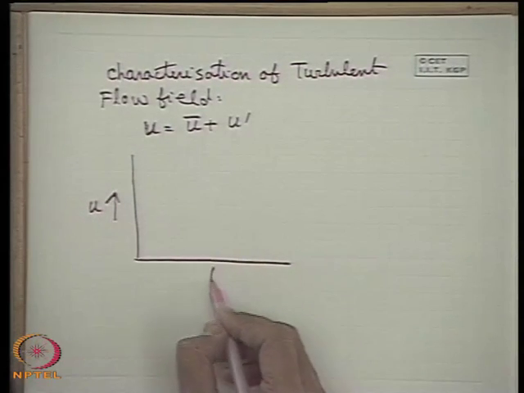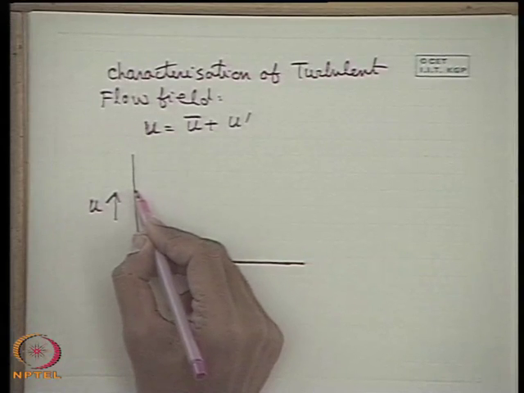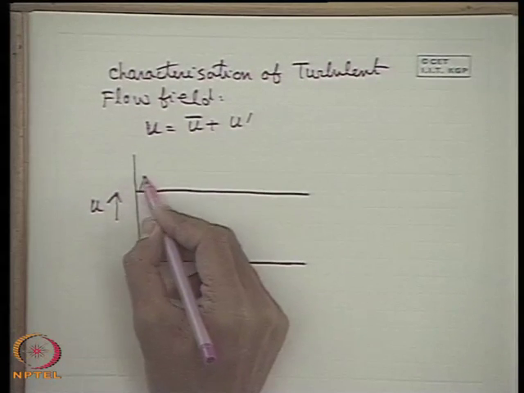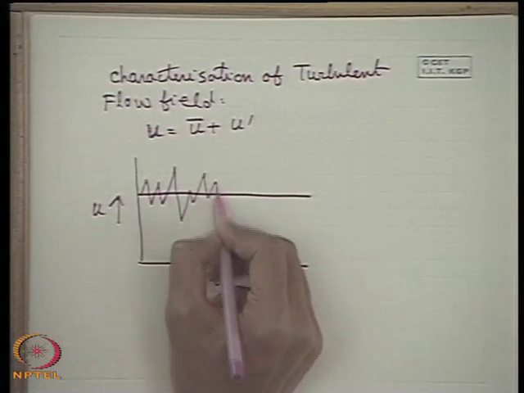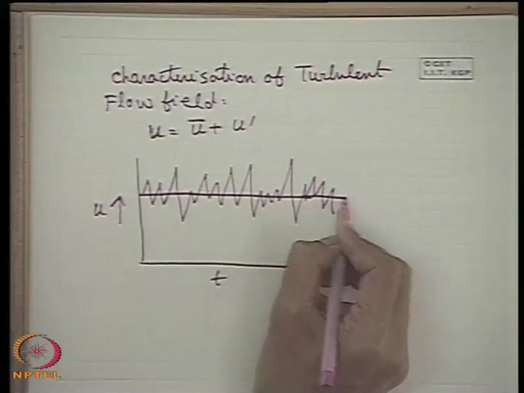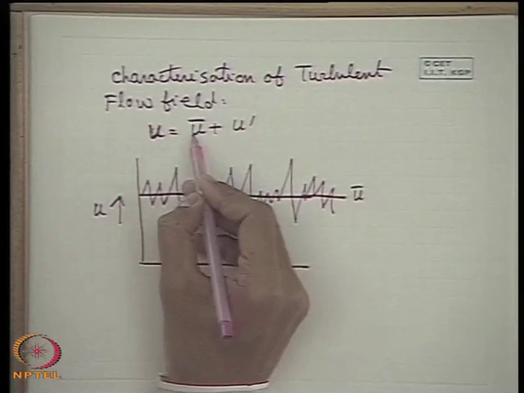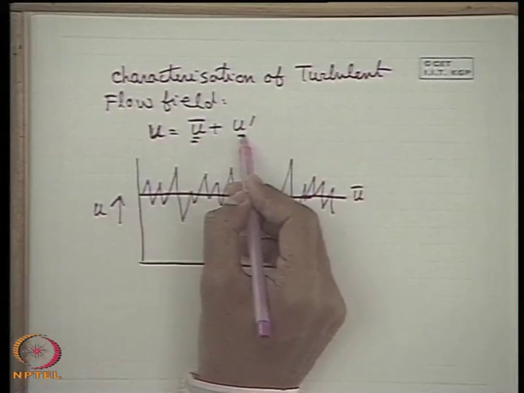At any point, the x component of velocity fluctuates over a mean value. That means fluctuations are such that they describe a definite mean, so the velocity can be expressed in terms of a mean plus the fluctuating component.